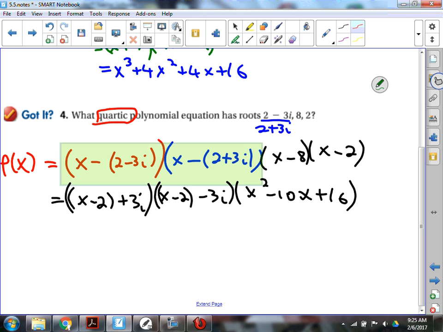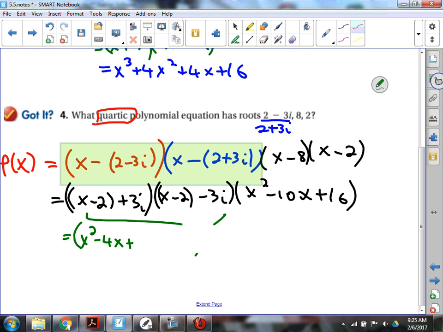So when I go to FOIL all this, I'm going to have x minus 2, the quantity squared. Well, that's x squared minus 4x plus 4, rather. Then I'm going to get plus 3i times x minus 2 minus 3i times x minus 2, so all that goes away. And I'm going to have plus 3i times negative 3i, which is going to be minus 9i squared, but i squared is -1, so that's going to be plus 9.